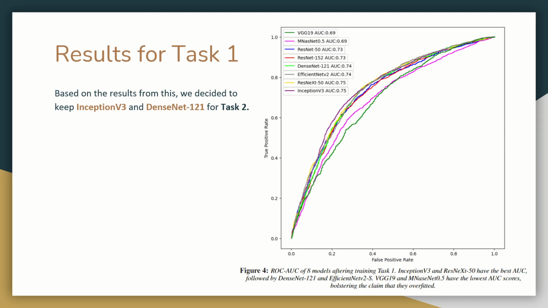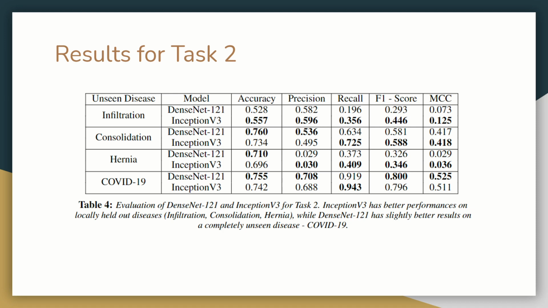For task 2, we use our previously chosen models, DenseNet 121 and Inception V3, to see whether they can predict an unseen disease. Based on table 4, overall, Inception V3 had better performance on locally held out diseases such as infiltration, consolidation, or hernia of the chest X-ray 14 dataset. But when we tested on the completely separate dataset of COVID-19, DenseNet had a slightly better performance.